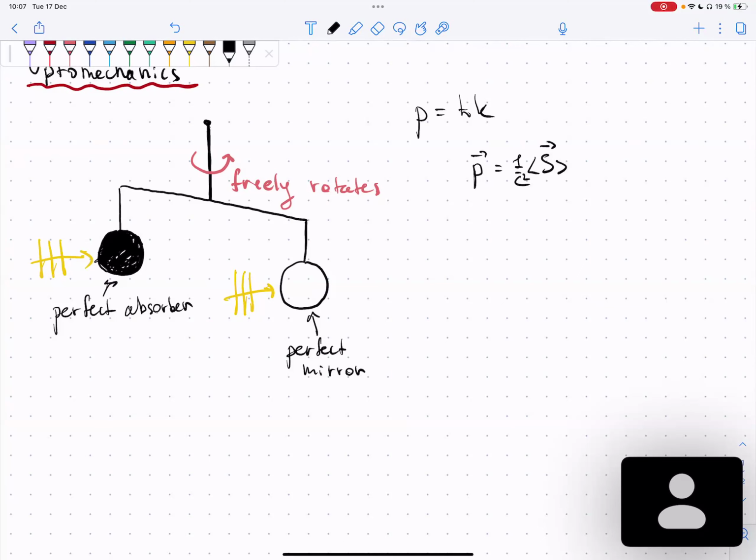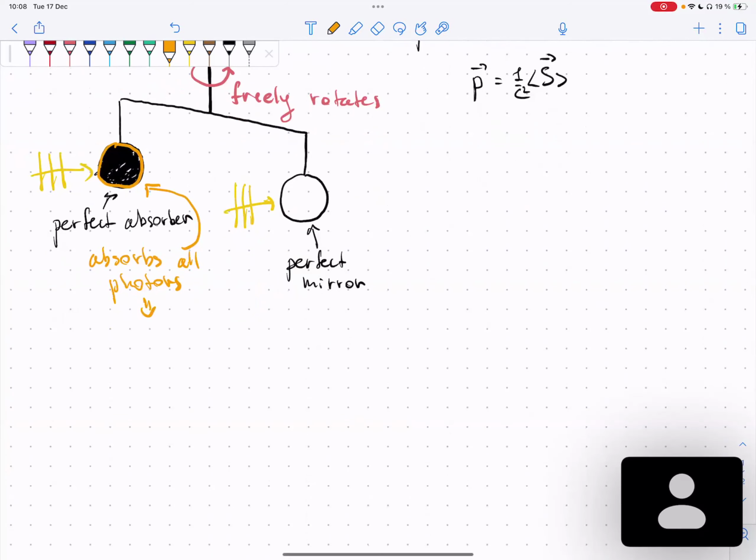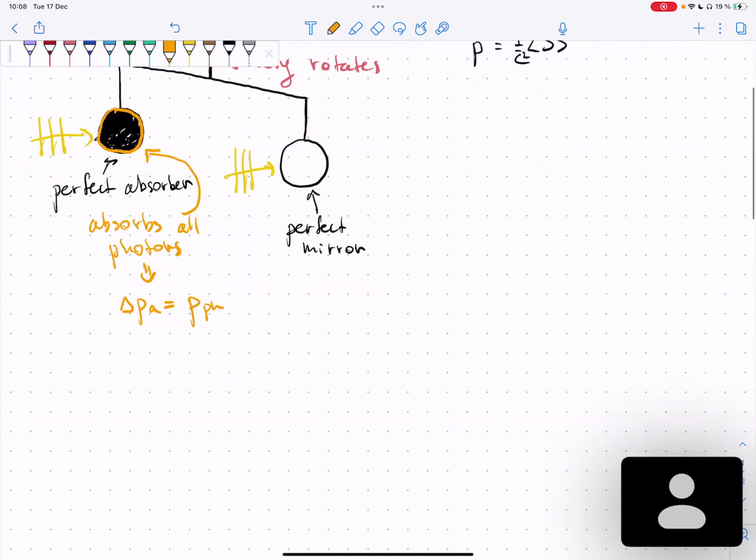And because photons have momentum, the perfect absorber absorbs all photons, which means that the change of momentum of the absorber equals the absorbed momentum of photons.